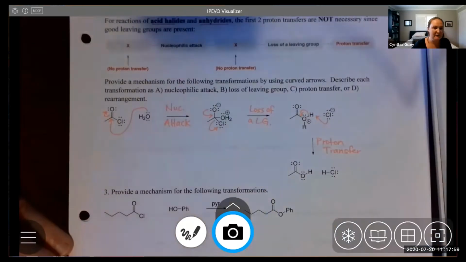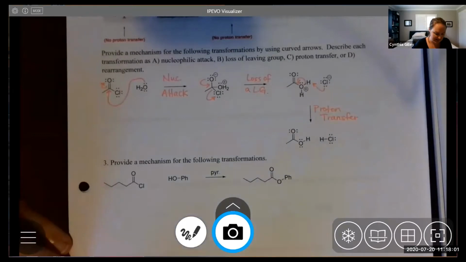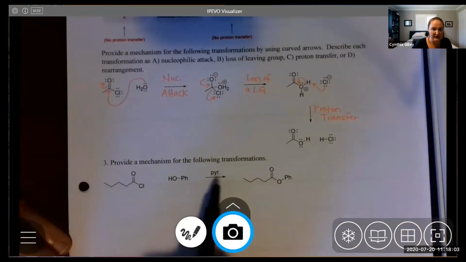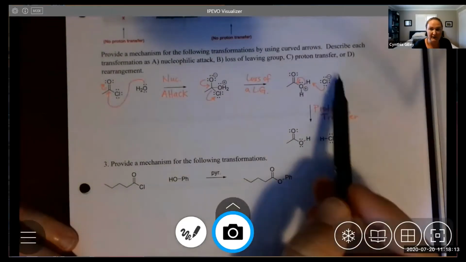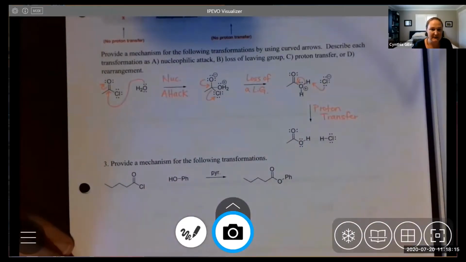By the way, you might have been confused here when the next example has pyridine in it. The point of the pyridine is actually to take the place of the chloride, the leaving group, acting as a base. Okay, so I'll show you that when we do that mechanism.